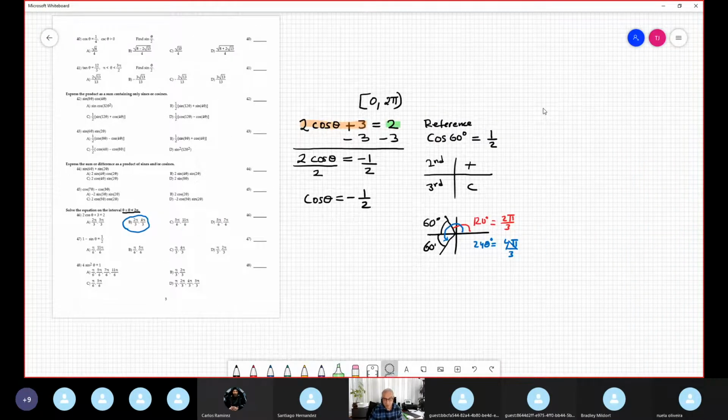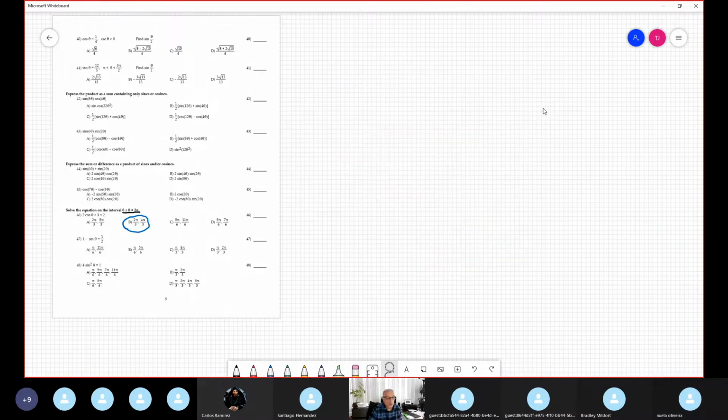Do you see the whiteboard now? Yes. Okay. Let's do 47: 1 minus sine theta equals 1/2. Again, you solve for sine. You isolate the trigonometric function using your skill in algebra.